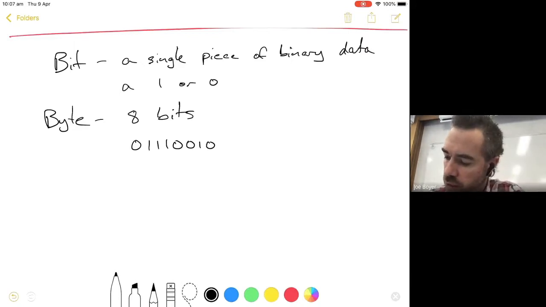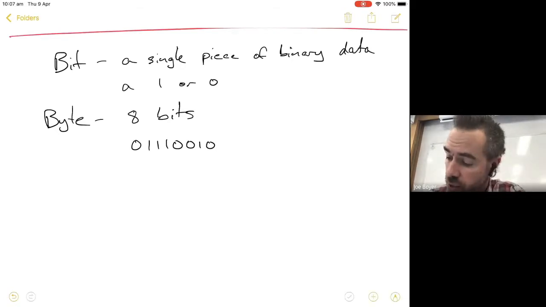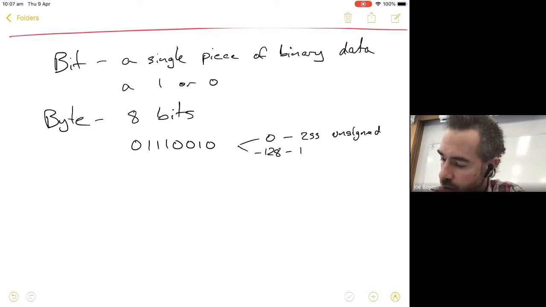First of all, we can count. If we're considering unsigned numbers, we could have from 0 up to 255 if we're dealing with unsigned binary. That's just normal sort of counting. If we're dealing with 2's complement, then we can have negative 128 up to 127.